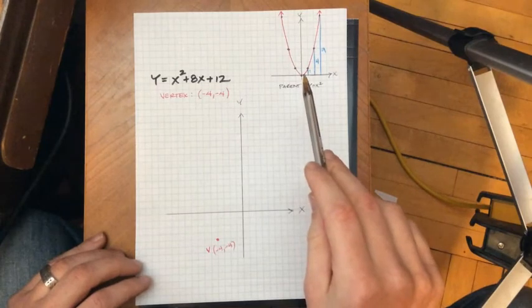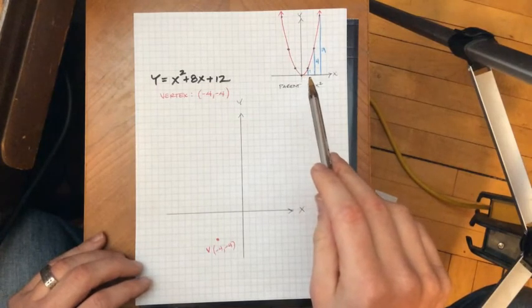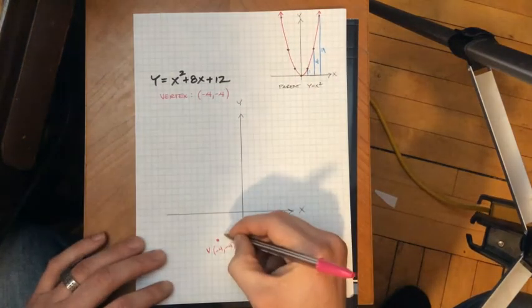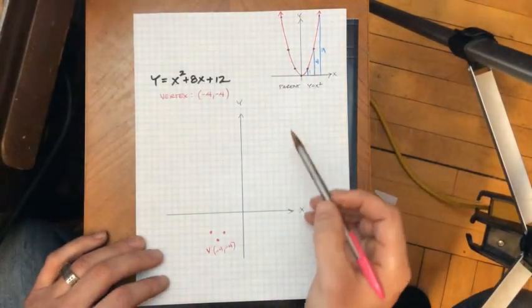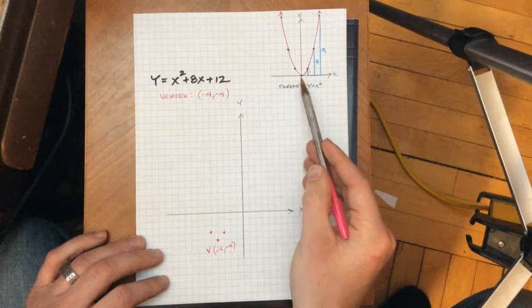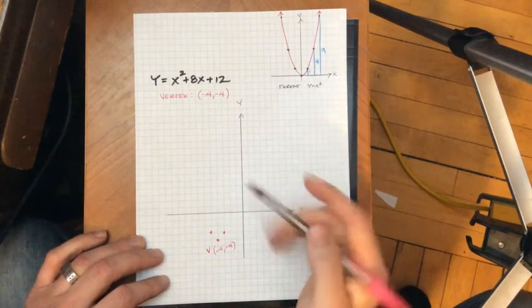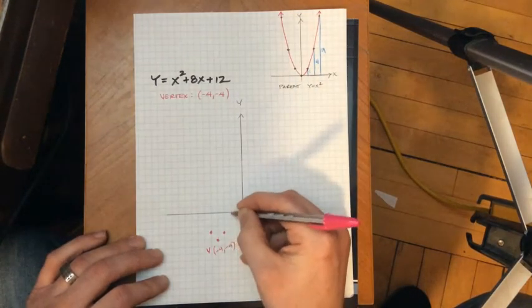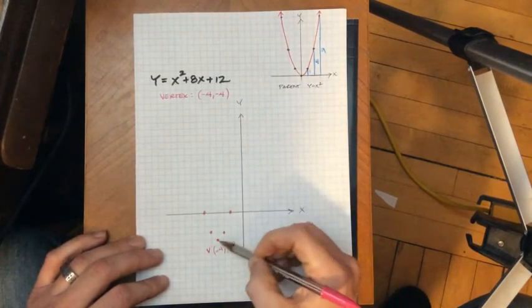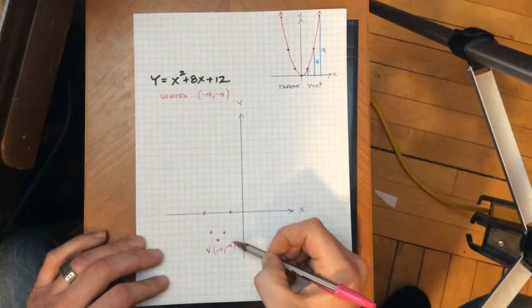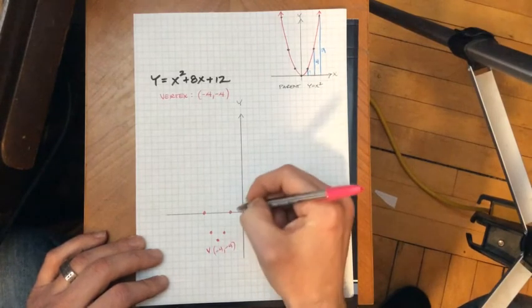So from the vertex, it's been shifted, but we're going to go over 1 up 1. And then from the vertex to 4. And then the next one, 3, 9.